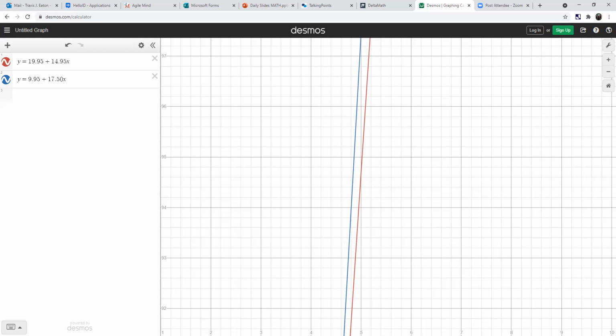So if you wanted more than 3.92 gigabytes of data, you would definitely want to go with Unitel because the graph for Unitel is lower as the amount of data gets higher. So the cost is lower as the data gets higher.